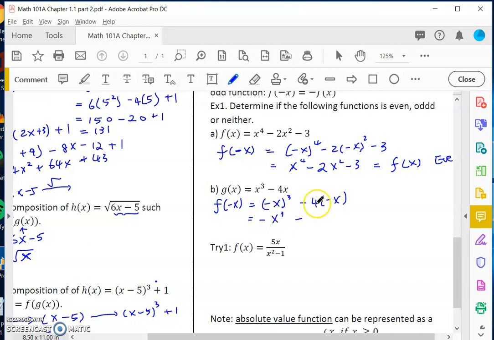What about 4 times negative x? Negative 4 times negative x is plus 4x. And did you see that this is actually exactly the negative of x cubed minus 4x? That is negative g of x. That is exactly the opposite of the original g of x.